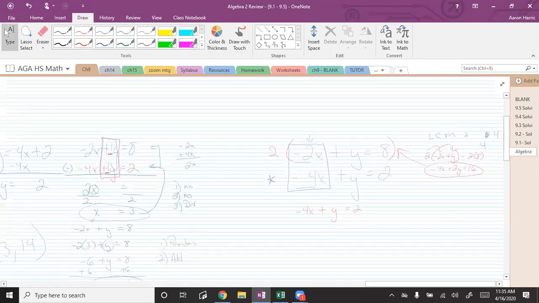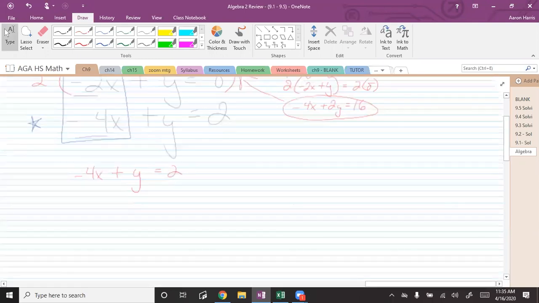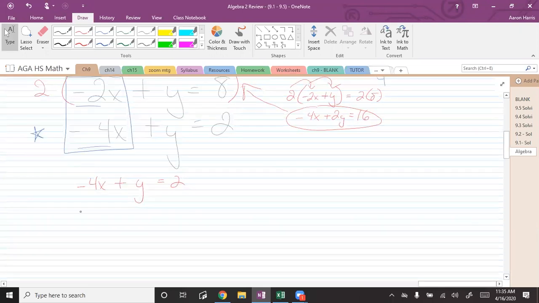Let's make sure. Yes, both negatives. Okay. So now, negative 4x plus 2y equals 16. Does that make sense? Yes, sir. All I did was put it there together.